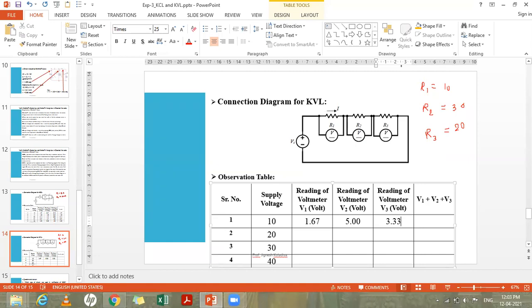And if you do the summation of V1 plus V2 plus V3, you will get 10. Okay.